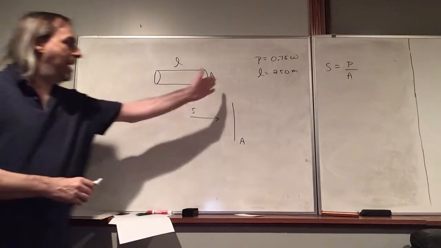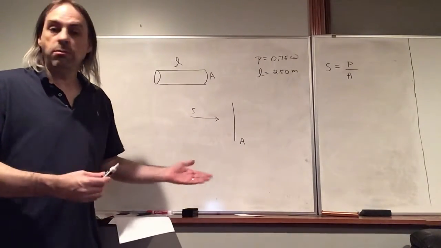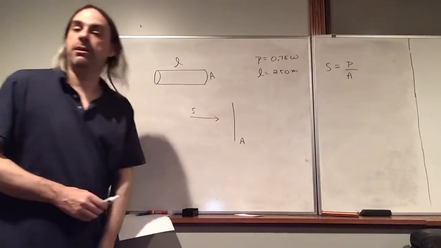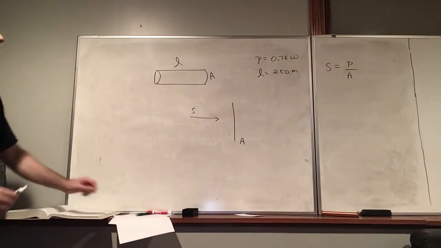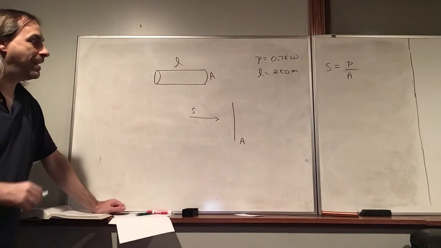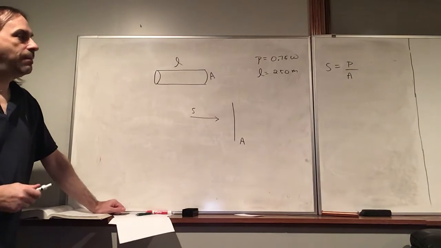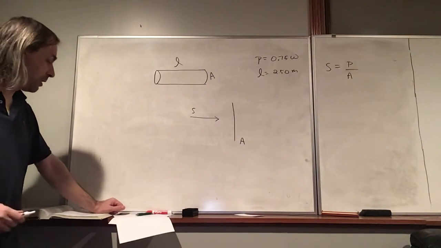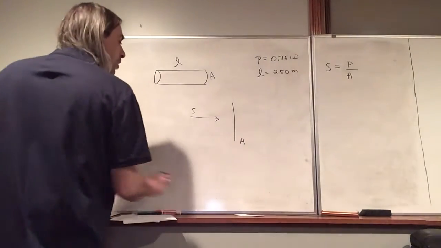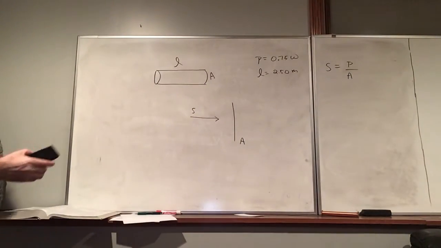And a bigger area will catch more radiation, so if we divide by the area, that removes the surface as a factor. So that's why we define intensity the way that we do.